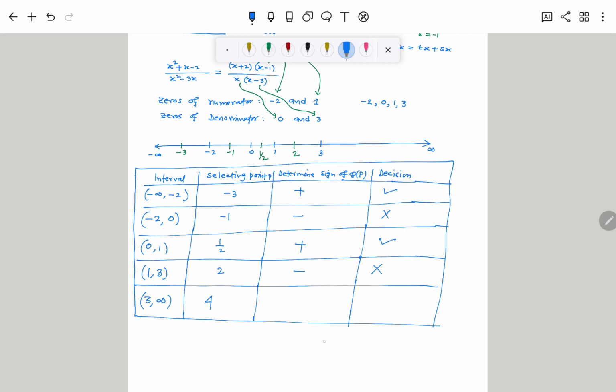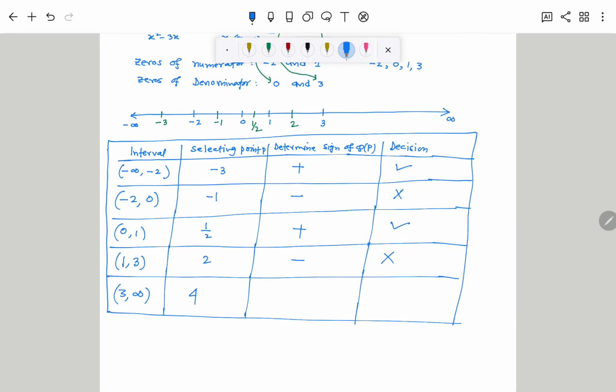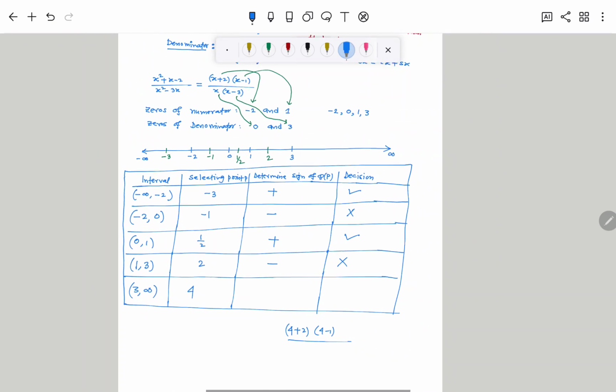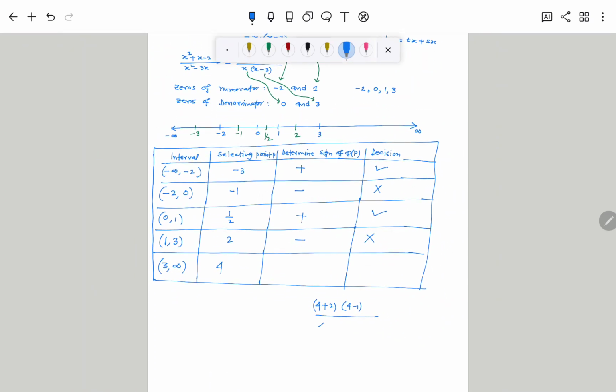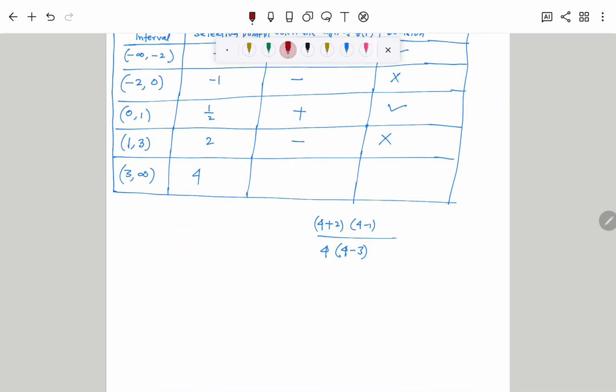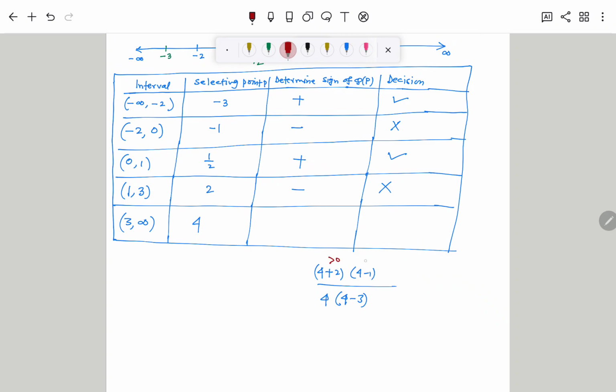If we put 4 here, then it would be 4 plus 2 into 4 minus 1, divided by 4 into 4 minus 3. Now if you look at this expression, this is positive, this is positive, this is positive, this is positive. The numerator is positive, the denominator is positive, so the whole rational expression is positive. So it is acceptable.